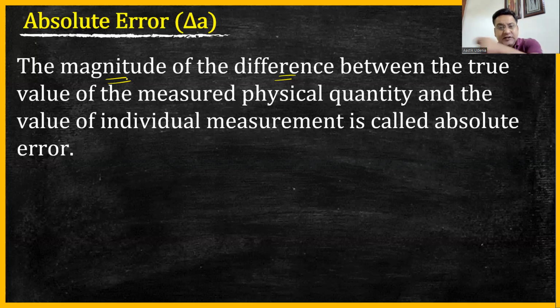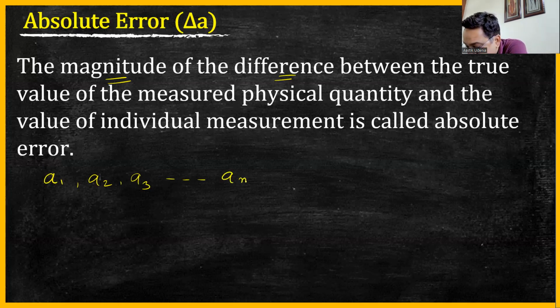So the difference between the true value and the measured value is known as your absolute error. It is denoted by the letter delta A. If my measurements are A1, A2, A3, and so on, let me have n number of measurements.